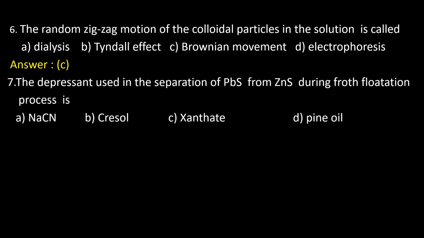So in the ore, if more than one sulfide is present, then the depressant is used for selectively allowing one particular ore to form the froth. Here, when ore contains PbS and ZnS, both are the sulfide ores. In this process, the sodium cyanide selectively prevents the ZnS from coming into the froth and allows only PbS to form the froth. Therefore, that is the correct option.